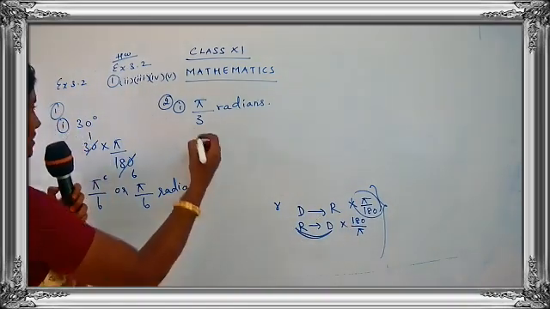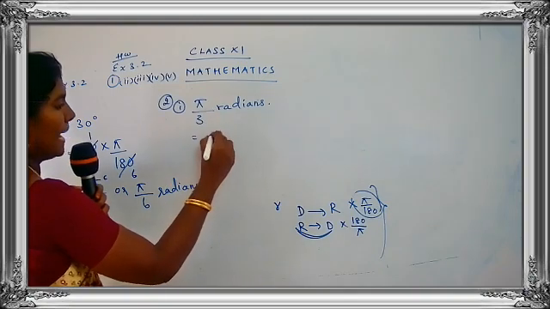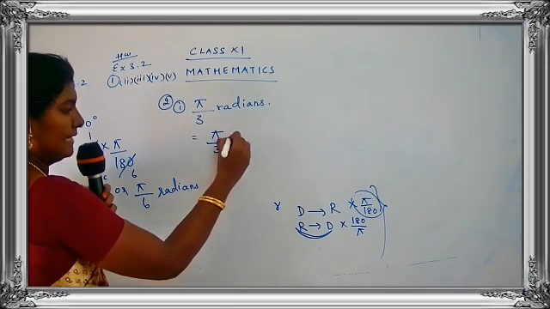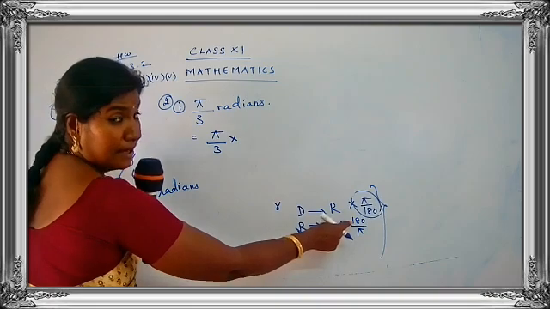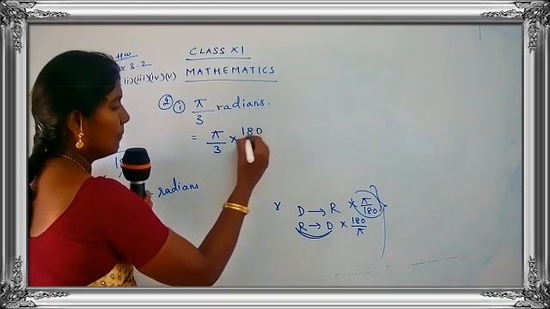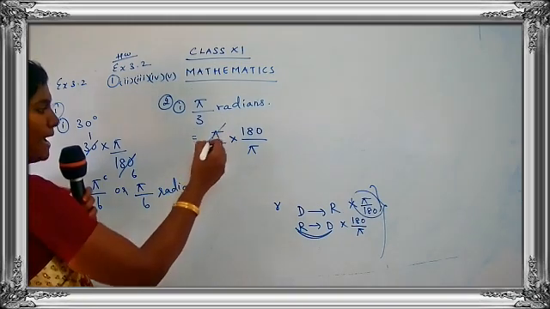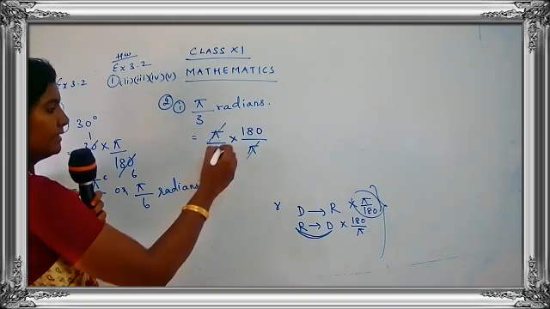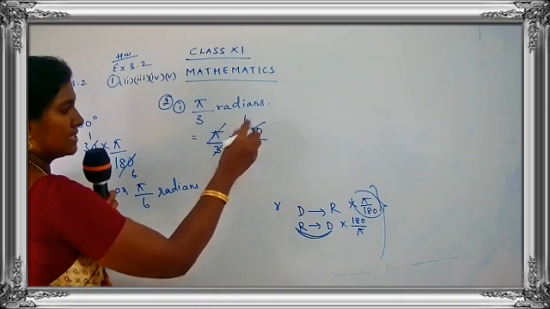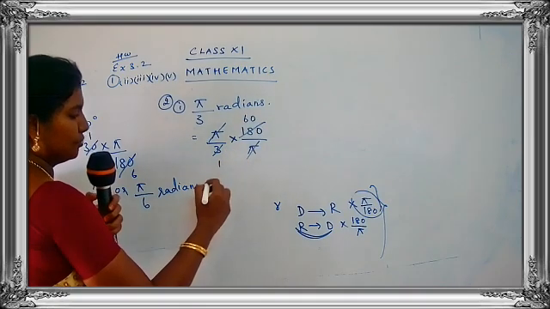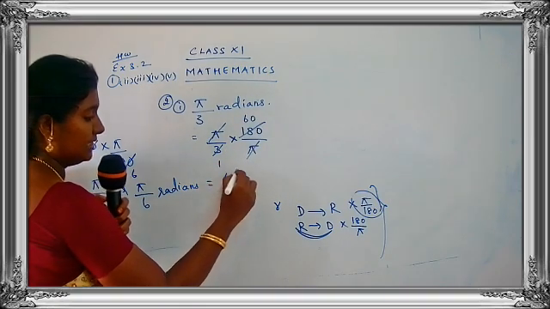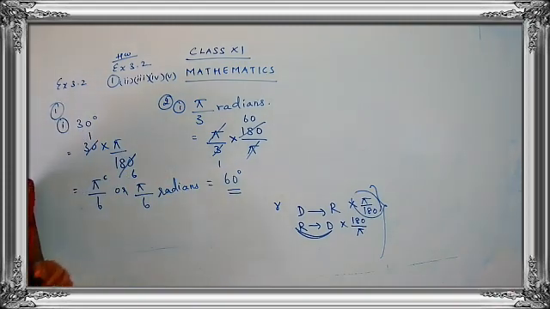Very simple. So this is equal to pi upon 3 multiplied by, what is the number? 180 upon pi. Very simple. Just see. So what happens here? Pi gets cancelled. 3 ones are 3, 3 sixes are 18 and 0. This is 60 degree. What is the answer?